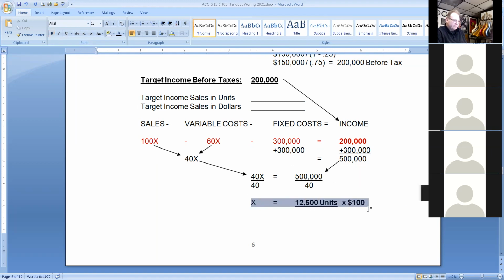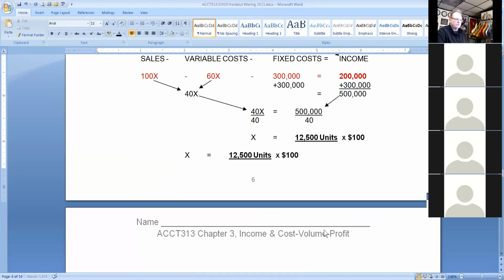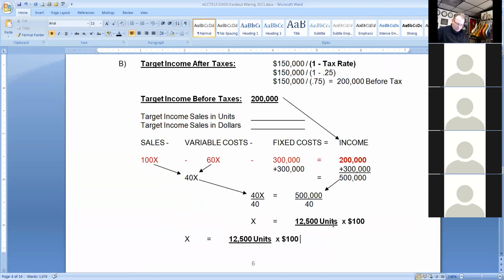And I don't have enough room. Okay, so that'd be our dollar sales. And this would be the units.